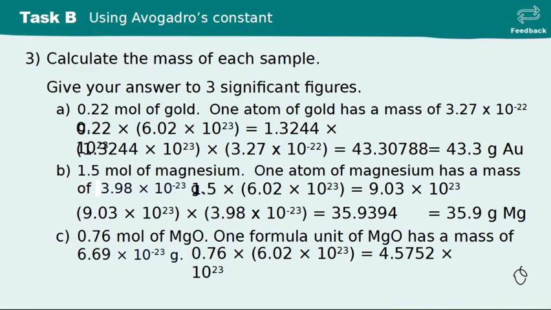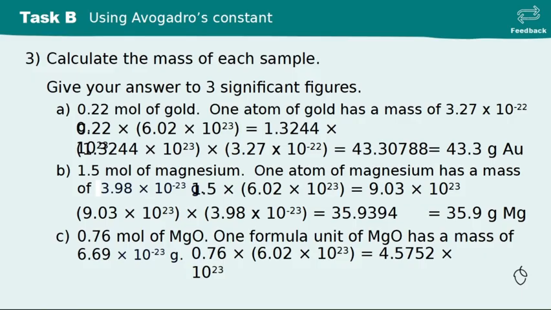Okay, so for gold, we got 0.22 moles, so we multiply that by Avogadro's constant to give us 1.3244 times 10 to the 23. And then once we've got the number of particles present, we can multiply it by the mass of a gold atom to give us 43.3 grams as the mass of gold present.